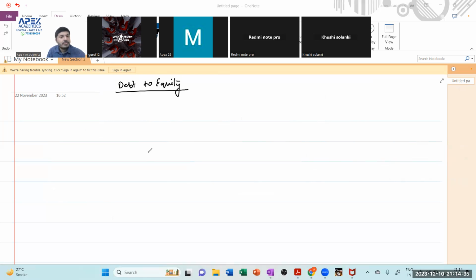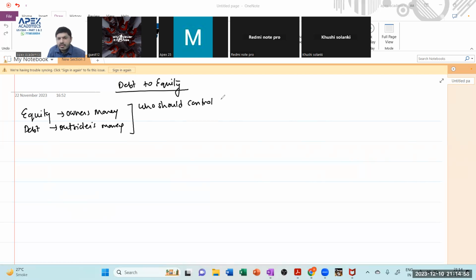Debt to equity. Very interesting. As I said, equity is owner's money and debt is outsider's money. Who should ideally control the business? You tell me.